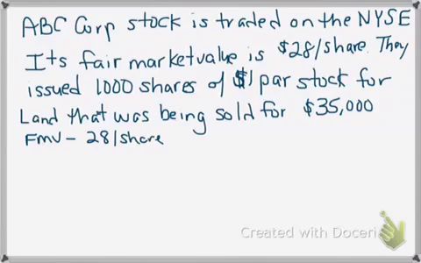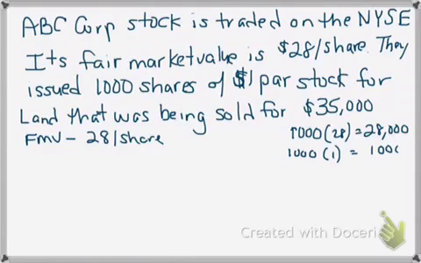So what we are actually receiving, we will take 1,000 shares times $28 per share, and that is $28,000. We then will look at what the par value is, and the par value here is $1, and so that is $1,000, and so you would have an excess of $27,000.